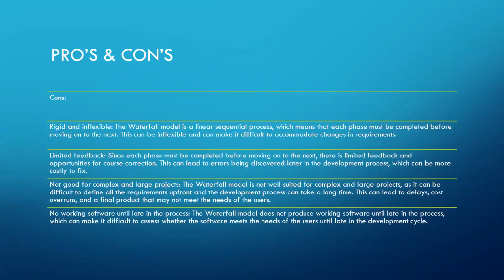So there is no working software until late in the process. It says that every phase we have to complete. So it's not like in 1 month I can deliver something and show the customer, okay, this is the product, because it is very well defined, and we have to wait until the last step is completed.